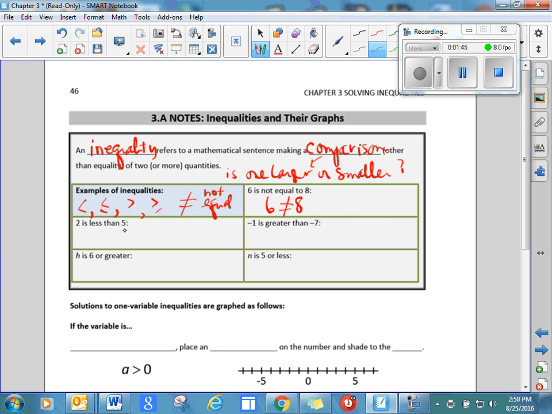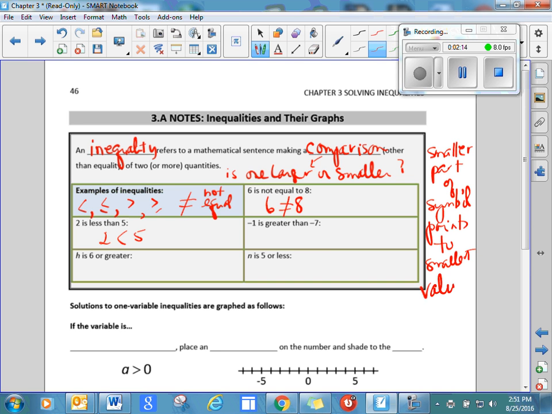2 is less than 5, so 2 is less than 5. And a way to remember these symbols is that the smaller part of the symbol points to the smallest value.